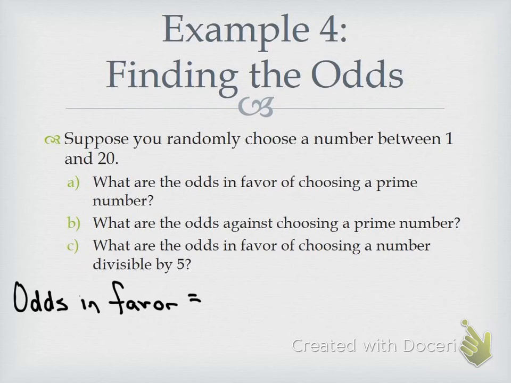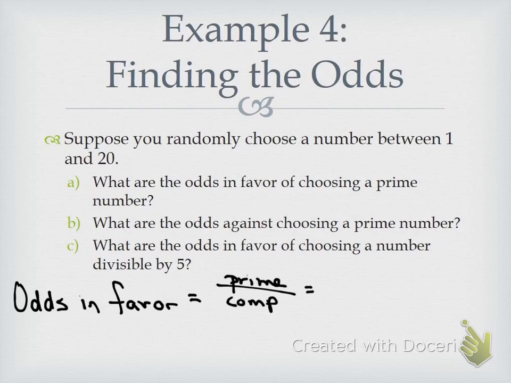Favorable, because I'm looking for odds in favor. Now I have to figure out how many prime numbers are between 1 and 20. Let's list them. 1, 2. I'm sorry, 1's not prime. 2, 3, 5, 7, 11, 13, 17, 19. 8 numbers are prime.